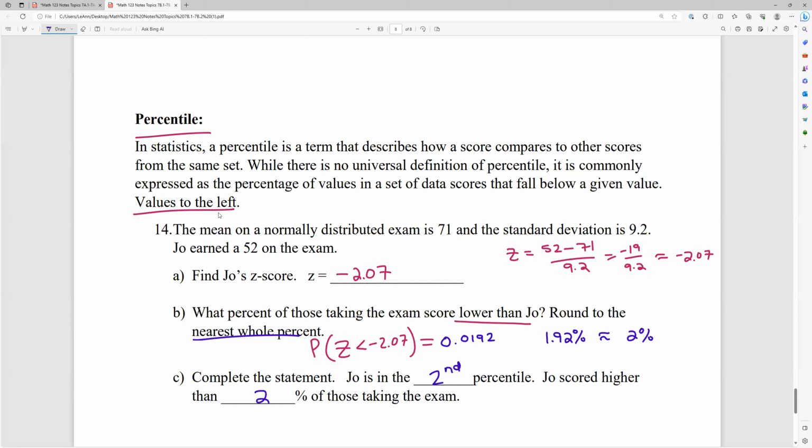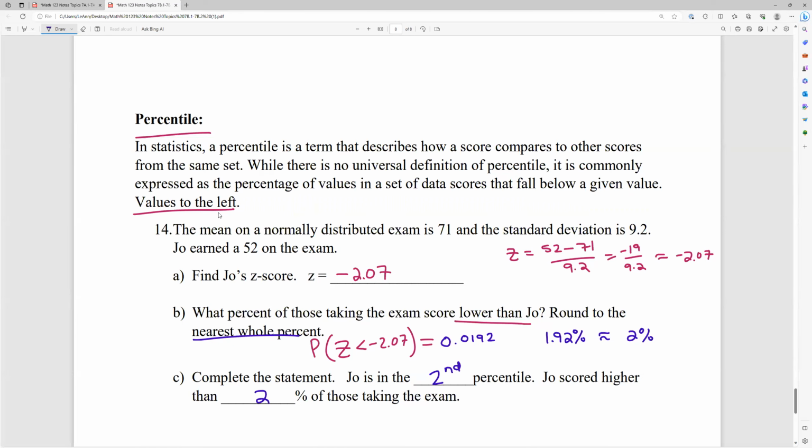Look how far she is below the average, okay? So Joe's at the second percentile for this test. That means 2% of her classmates scored lower than her. That also means 98% scored higher than her, okay? So that is how you work with a percentile. You take that z-score, you find the exact table value, because usually we're doing less than when we're talking about a percentile. We get it in percent form, and then that is their percentile, okay?